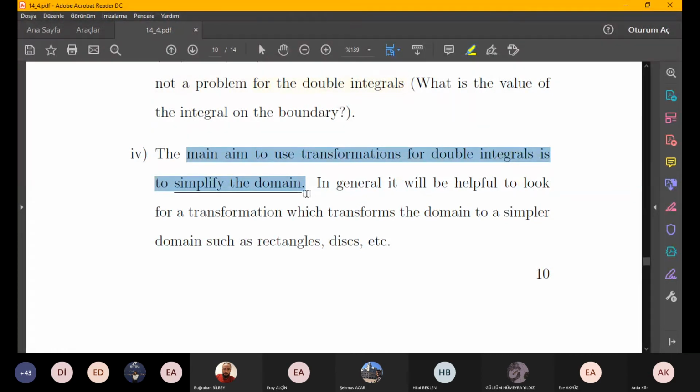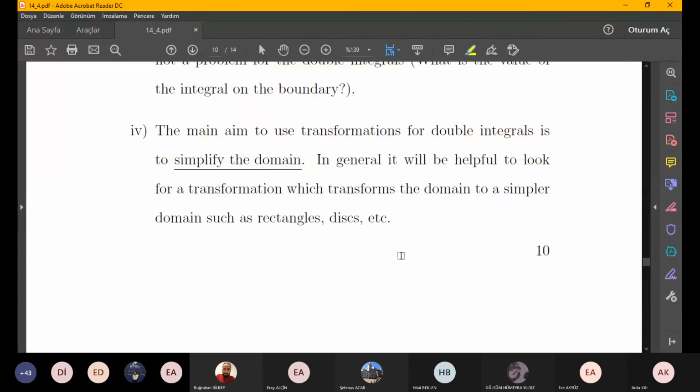So in general, it will be helpful to look for a transformation which transforms the domain to a simple domain, such as rectangles, discs, and so on, that kind of simple domains.